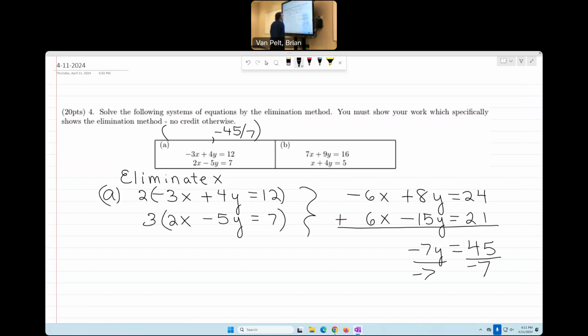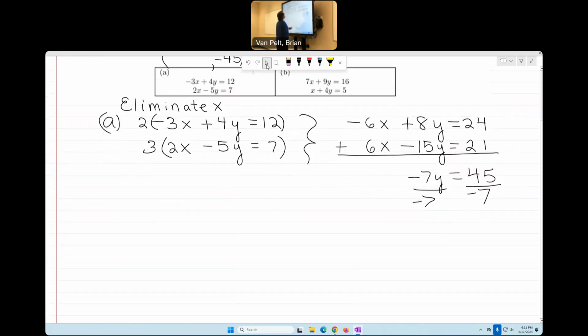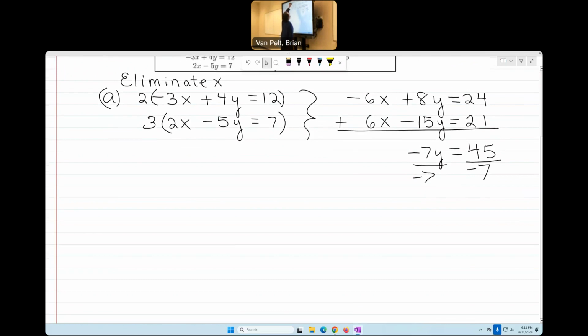There's the y part. Now I'll work the whole thing again to do the x part. So this time I'll eliminate y. When you rewrite it again, I always rewrite it the same way, because I have negative 3x plus 4y equals 12.